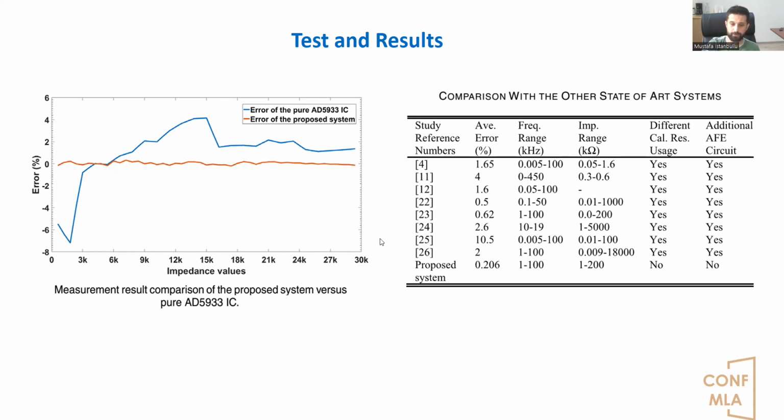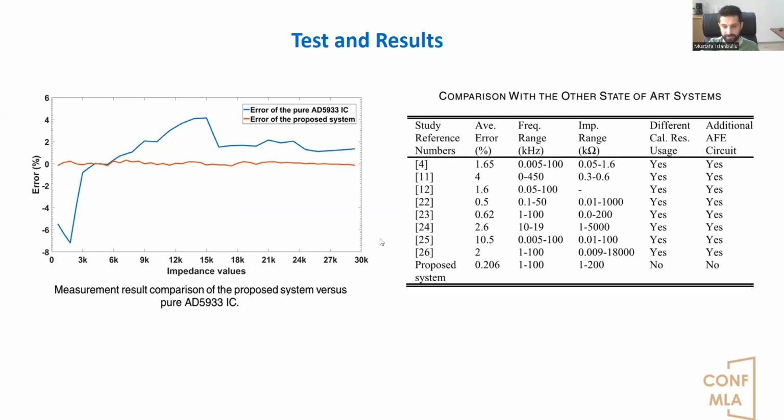The ANN artificial neural network utilized measurement system not only eliminated the calibration requirements for each measurement, but also increased the measurement accuracy considerably by applying the proposed artificial neural network-based post-processing algorithm to the impedance analyzer chip output.